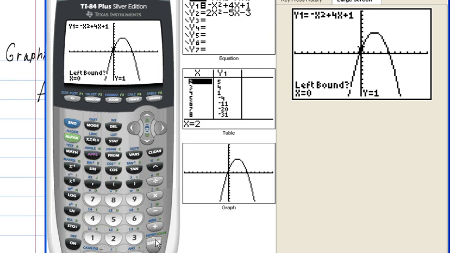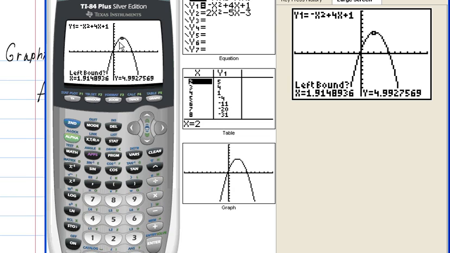When you choose the min or the max feature, it's going to ask you for a left bound and a right bound. It's asking for a point to the left of that maximum, and then a point to the right of that maximum. It tells the calculator where to look. Let's say that's our vertex. Now this isn't exact; these numbers at the bottom are not accurate and don't tell me what my max is.